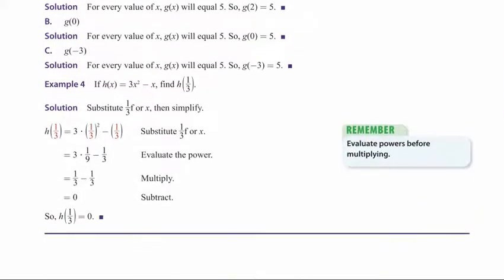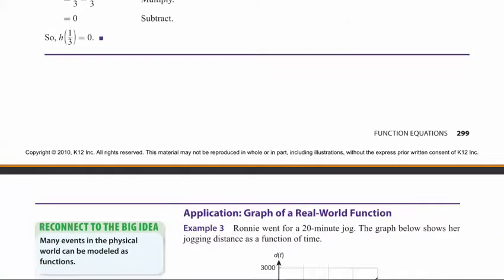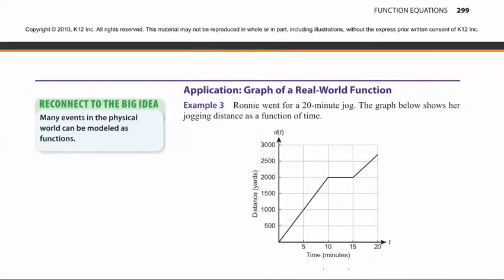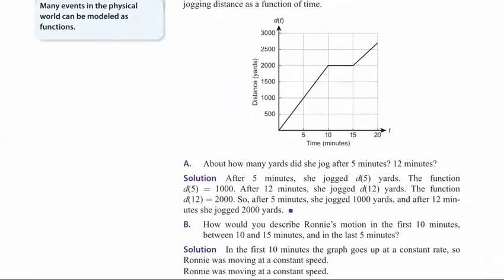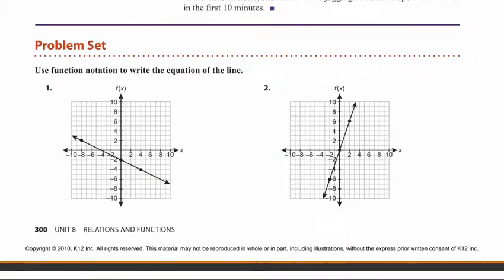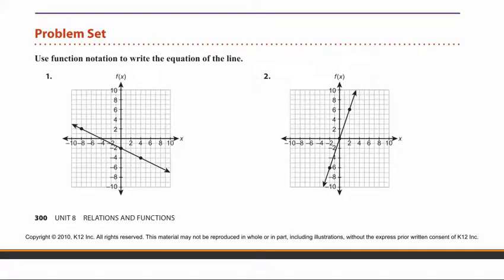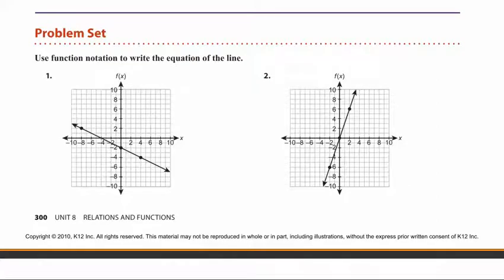How about some problems here that we can discuss, we can solve together, we can get better at, right? By more practice. How about problem number 2? Use function notation to write the equation of the line.